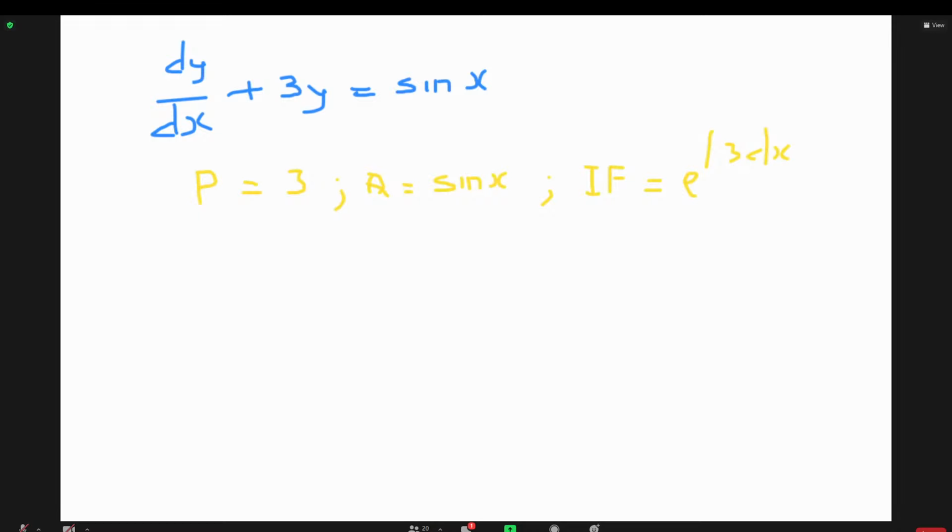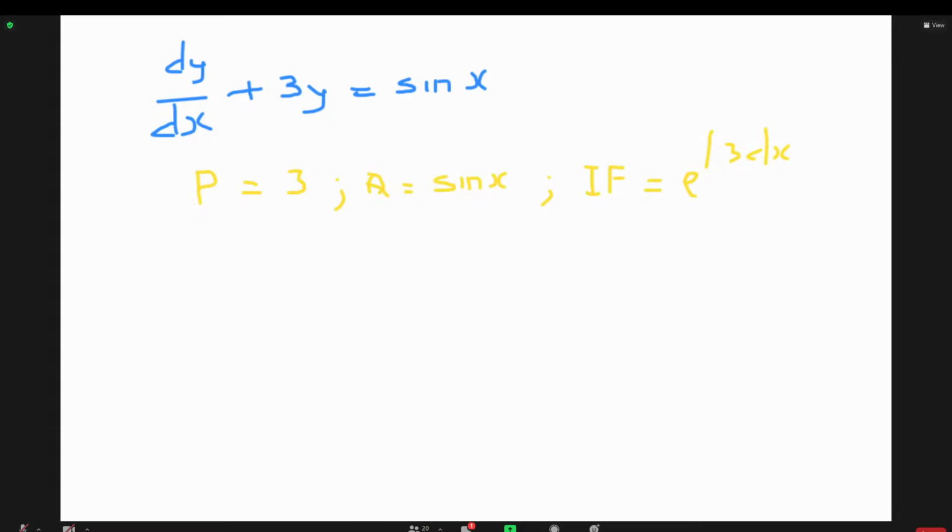All right, so far so good. So this is the technique. This is method 4. Our equation is a linear equation in the form dy/dx plus 3y is equal to sine x. We identify P is 3, and don't forget it will always include the sign as well.